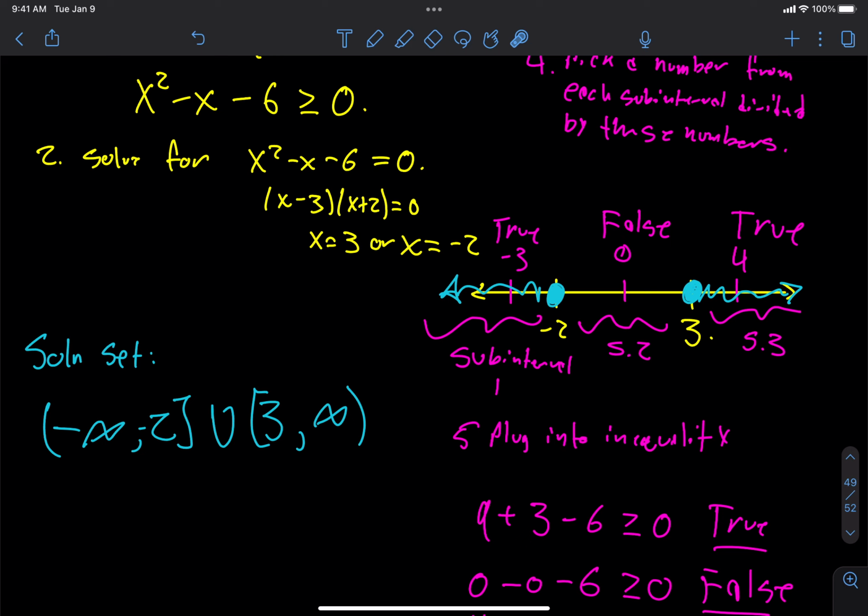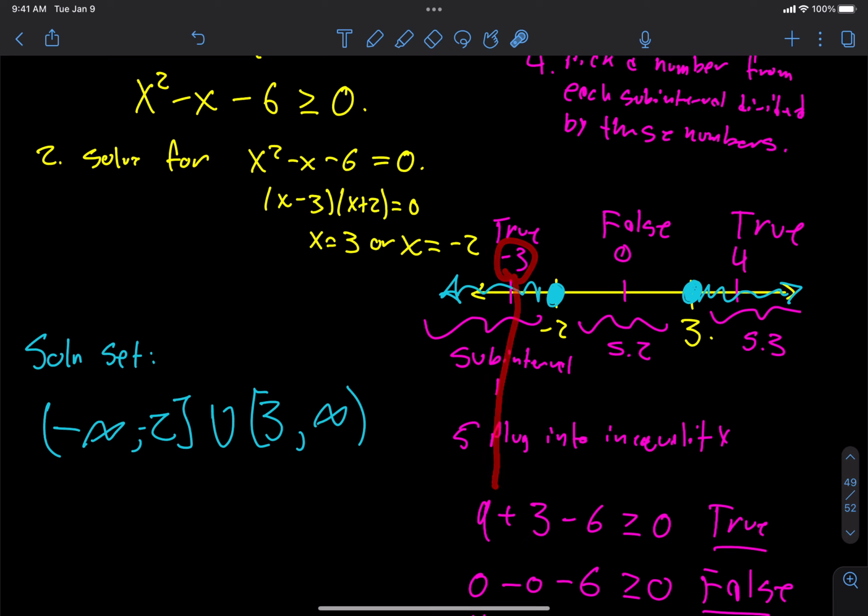But what I need those numbers to do is, the first one needs to be something less than -2. So that's why I picked -3, because -3 is less than -2, and it's easy to plug -3 into my inequality to see if it's going to be true or not.